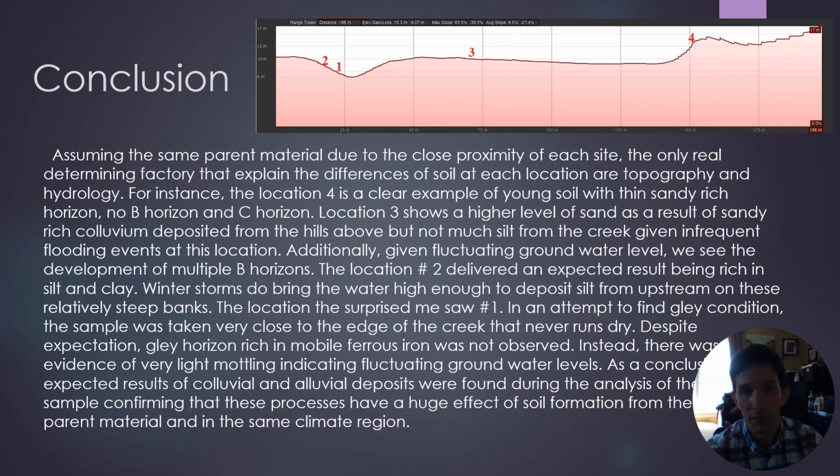It was interesting to show that the same parent material, same climate, same geographical area, just a few hundred meters away from each other, could produce distinct soils with distinct properties.